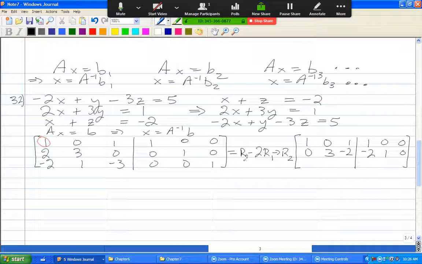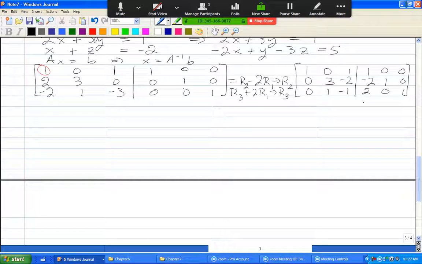Let's get a new third row by adding twice the first row to get a new third row. 2 minus 2, 0, 1 plus 0, 1, 2, negative 3 plus 2, negative 1, 0 plus 2, 2, 0 plus 0, 1 minus 0, and 1 plus 0.